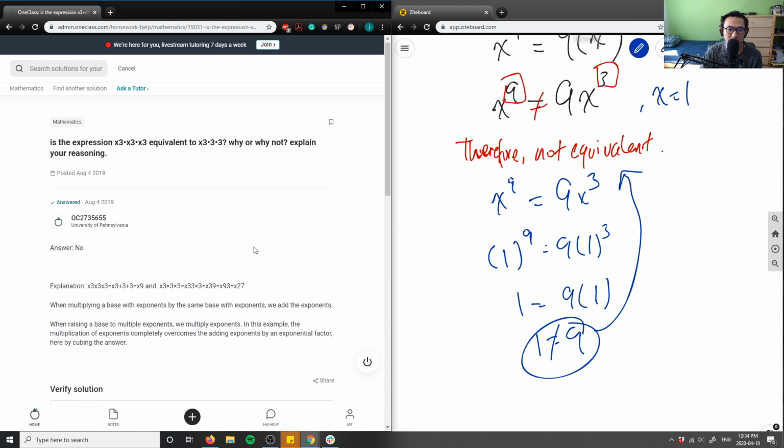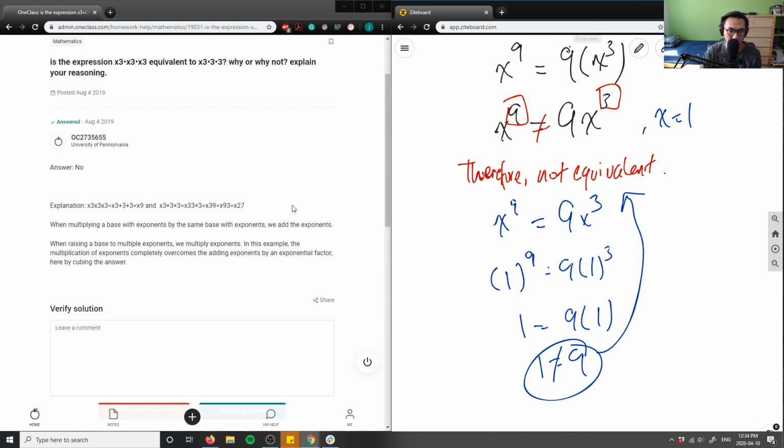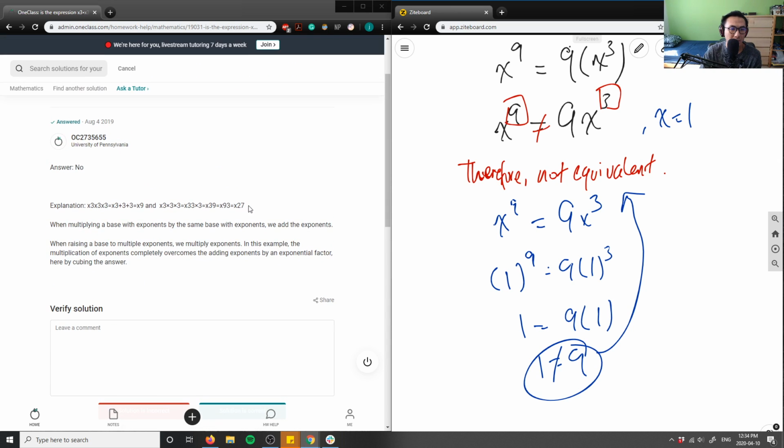But I'm looking at this solution here, and I'm actually very, very curious because it says here, this is correct here, the left side here, but the right side looks very odd. How'd you get x to the power of 27? That makes no sense here. I have 9x cubed in this case. So I believe it's x cubed times 3 is my impression of this question.